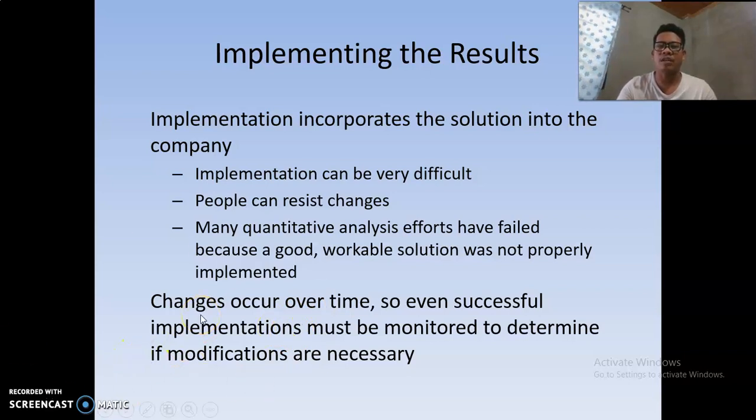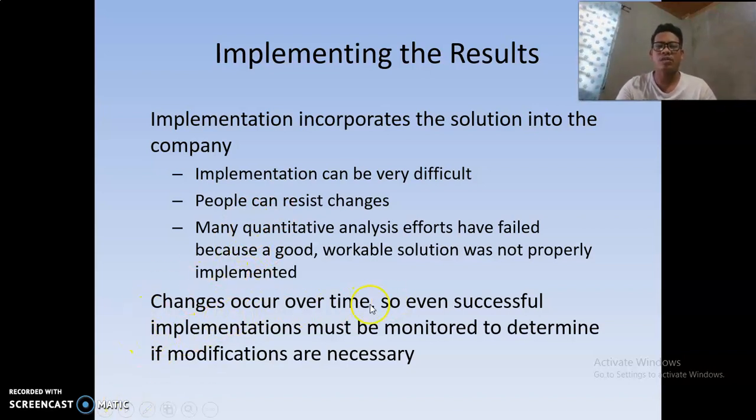It is really a difficult part, especially if there is no capital or there are no inputs available in the organization, so we cannot implement the result if those variables are not available.